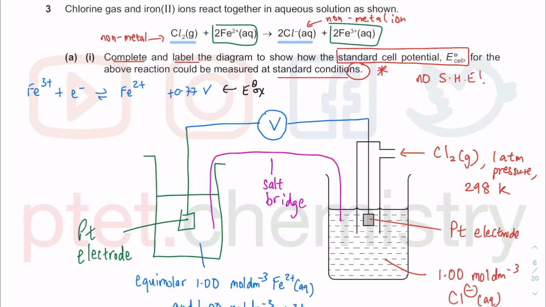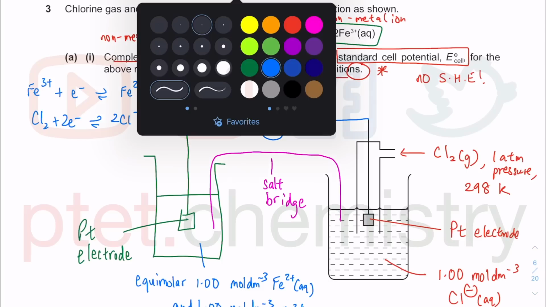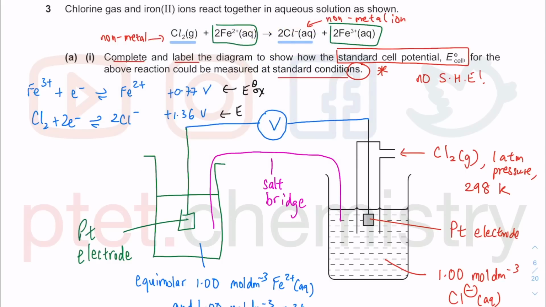We don't change the sign because it's already included in the formula that I'm going to show you in a little bit. And the other equation will be the Cl2 plus 2 electrons going to 2 Cl minus. That thing in the data booklet shows me as plus 1.36 volt, and that is my E red.